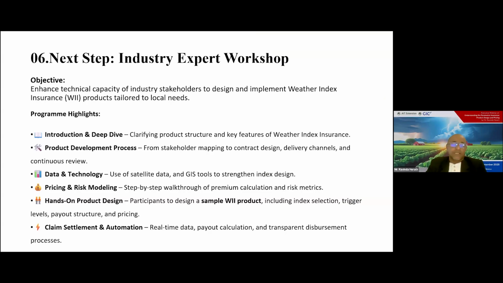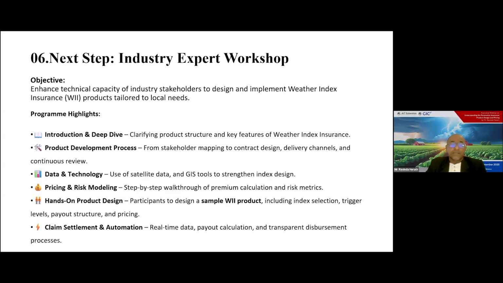Last but not least, the next step. In the next expert workshop, we would like to discuss more about the introduction and a deep dive into weather index insurance and the product development process, like I discussed earlier. That process is discussed in depth, along with data and technology and how we can use it, pricing and risk modeling, where we take more time, and hands-on product designing.